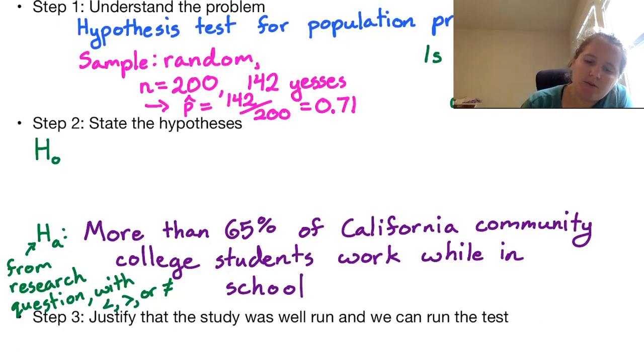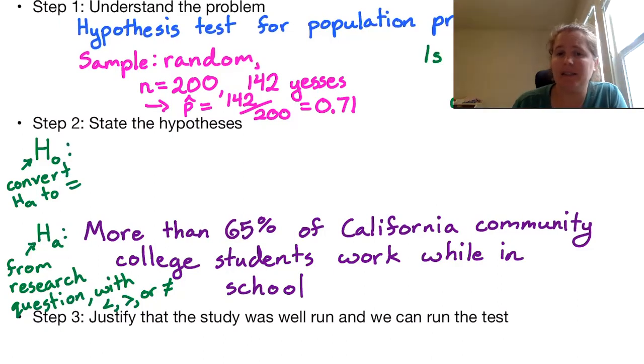So to go from alternative to the null hypothesis, we'll just convert our HA to equals. So instead of more than 65%, we'll just do a flat 65%.